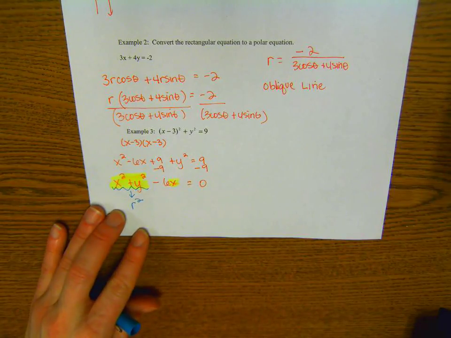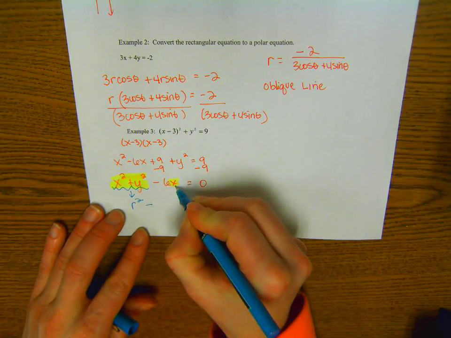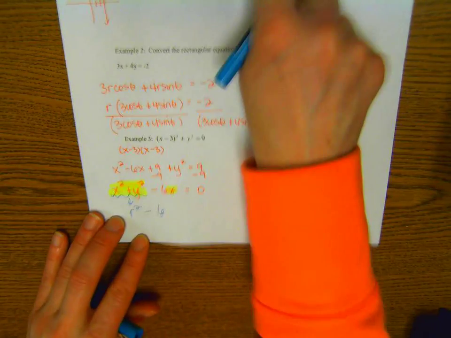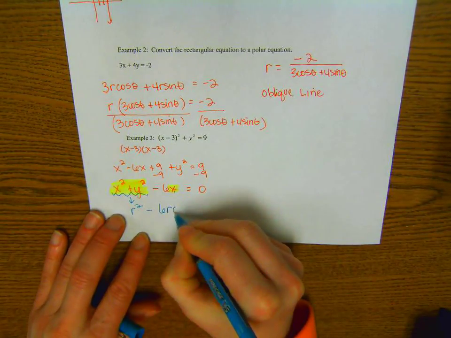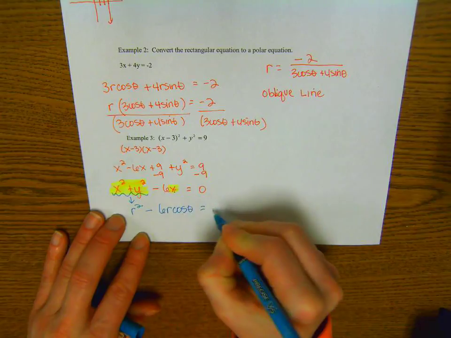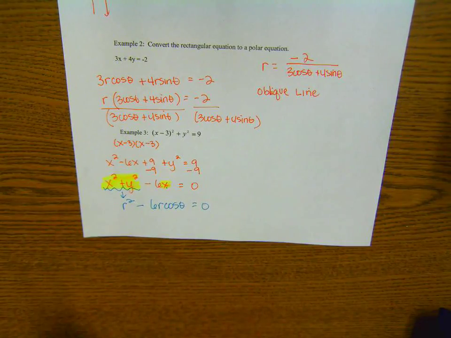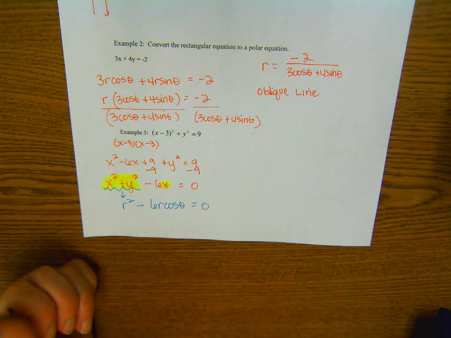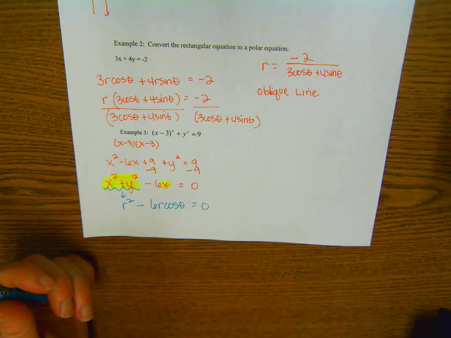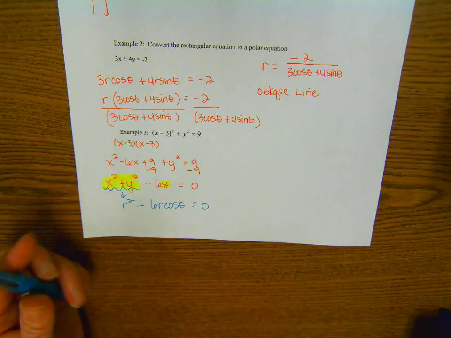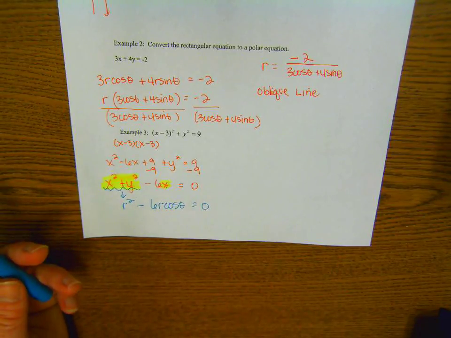And then I'm going to take out the x and replace x with an r cosine theta.